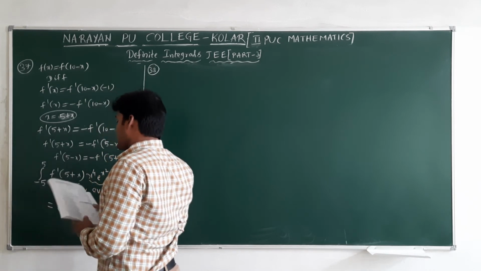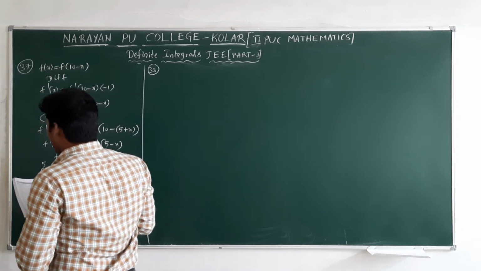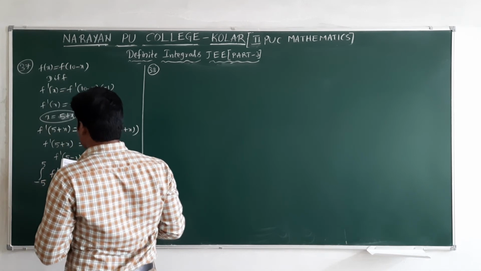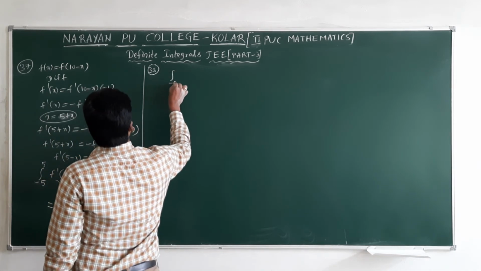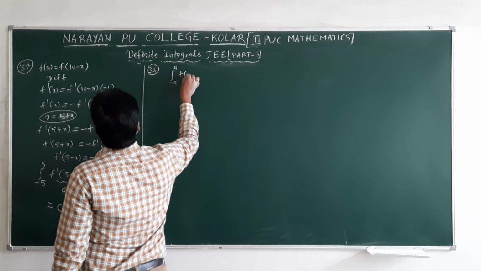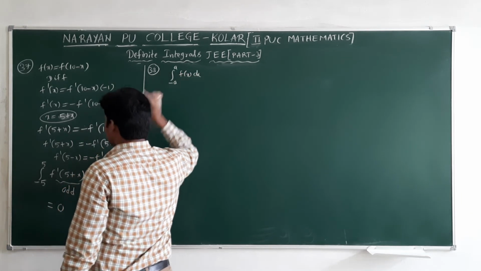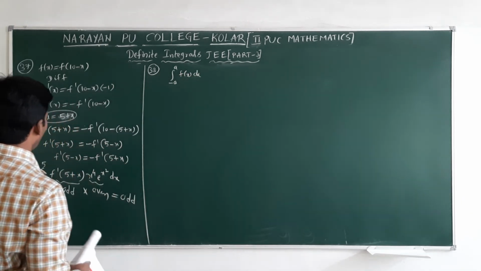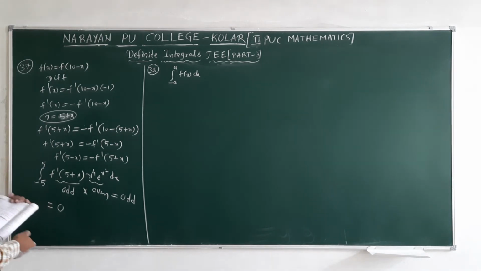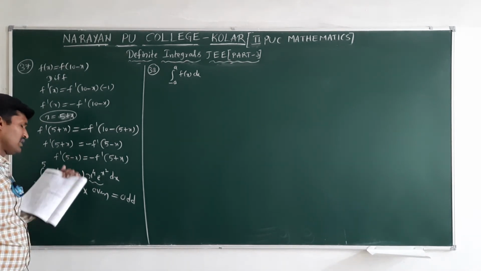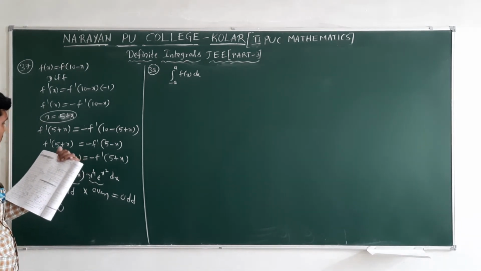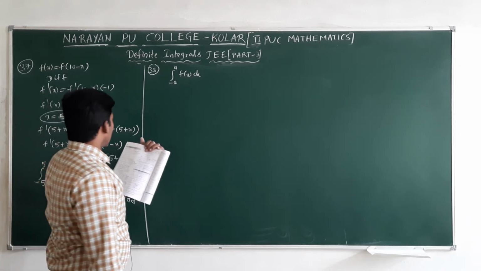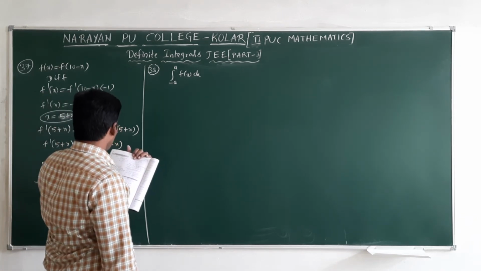Question number 38. A different integral of odd and even and periodic function concept. Here minus a to a f of x dx, this value we need to find out clearly. By adding also we get the same condition, no need to simplify further. Integral minus a to a f of x dx equal to, we need to find out.